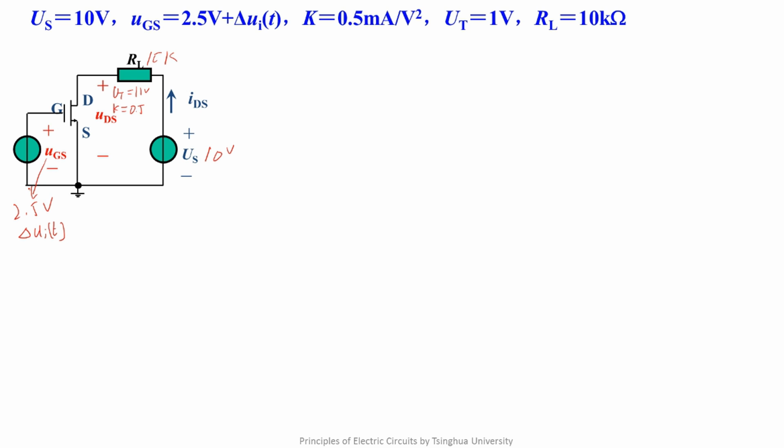We can use the small signal method discussed in the previous two lectures to analyze it. Of course, the premise is that delta UIT can be regarded as a small signal. Now we use the suppose verify method discussed previously to judge whether the MOSFET works in the current source region or not. We can first assume that it works in the current source region. Now we need to draw its DC working point circuit.